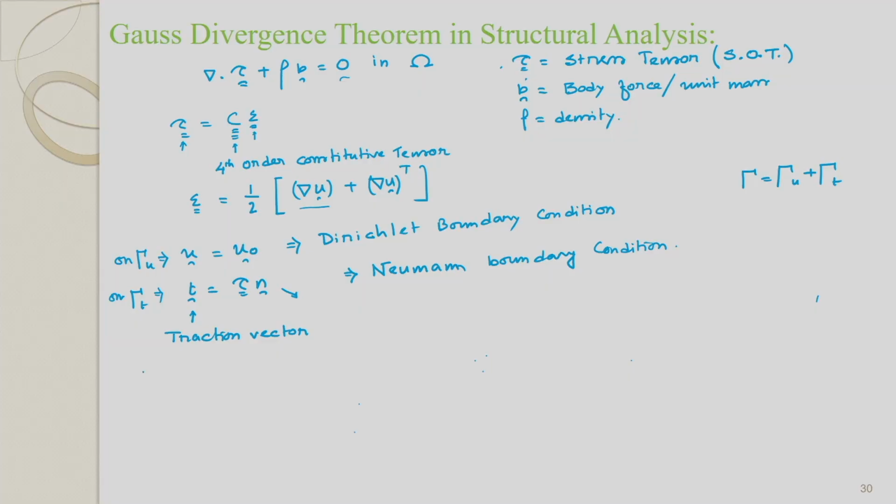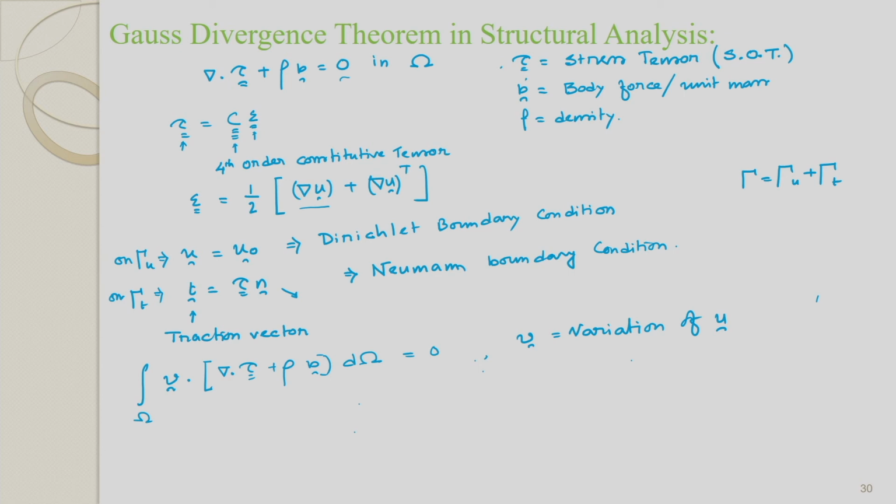So, if we write the variational statement on domain omega, where V is the variation of u, V is also a vector, the variational statement can be written as the dot product between these two vectors.